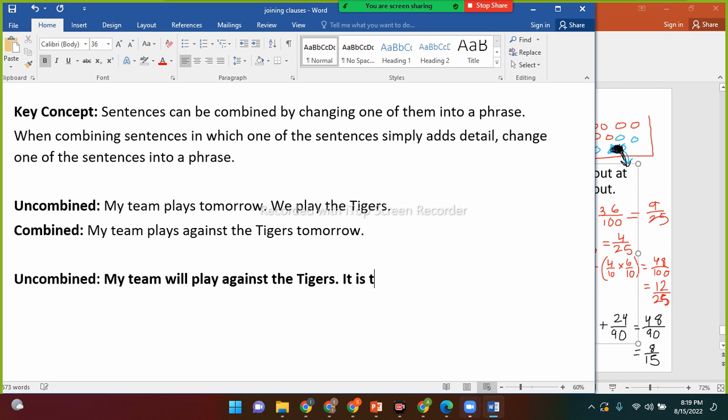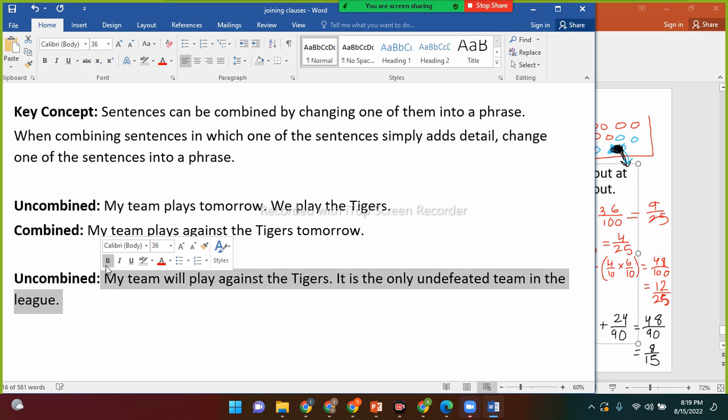"It is the only undefeated team in the league." So how can we combine this?